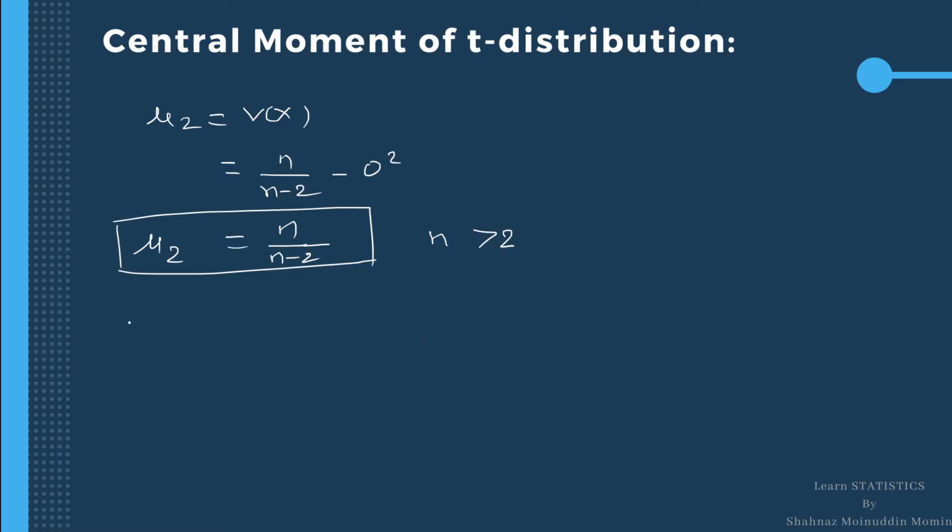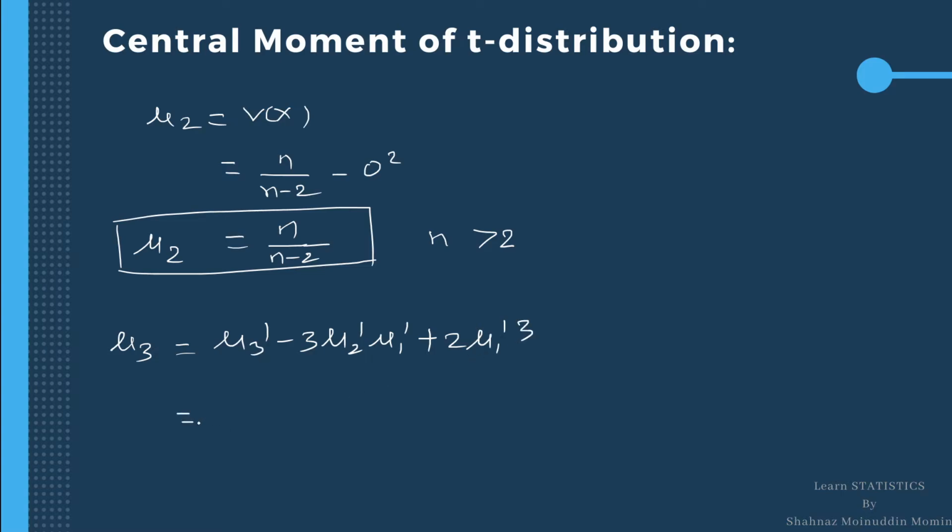Now the third relation between raw moment and central moment is mu3 equal to mu3 dash minus 3 mu2 dash mu1 dash plus 2 mu1 dash cube.